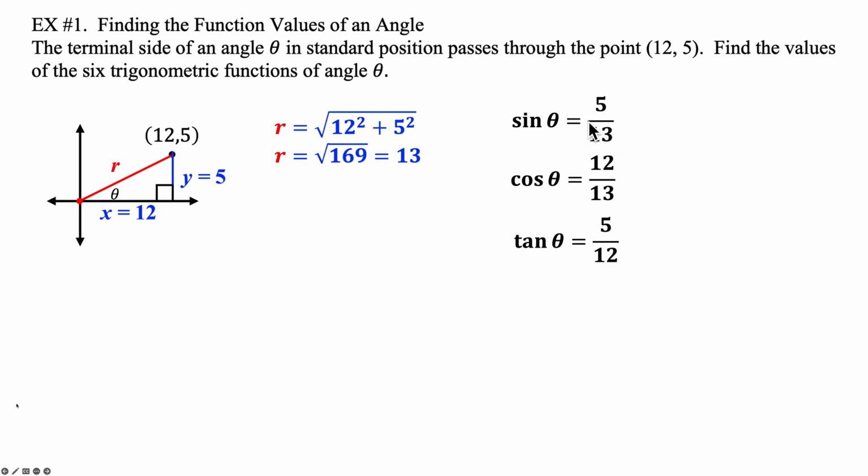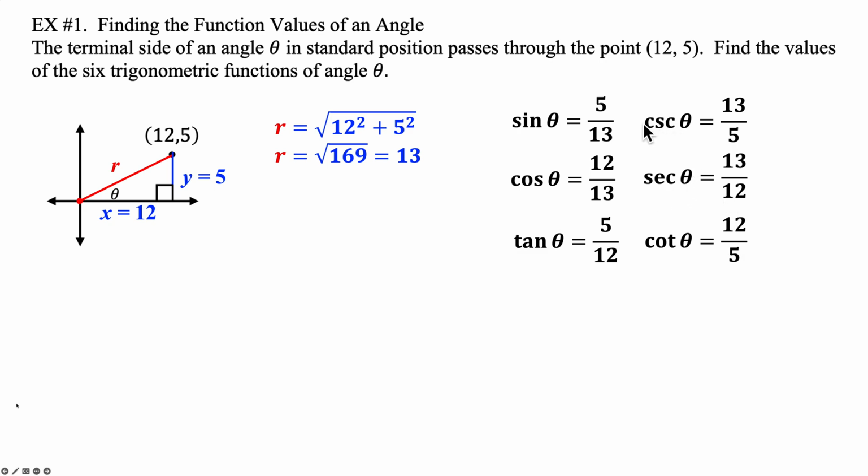So cosecant is the reciprocal of sine, so that's 13 over 5. Secant is the reciprocal of cosine, that's 13 over 12. And cotangent is the reciprocal of tangent, so that's 12 over 5. So some people write these three down, then they go cosecant, secant, cotangent. The other half of the students I've worked with, sine, cosine, tangent, and then they go right to cotangent, then secant, then cosecant.